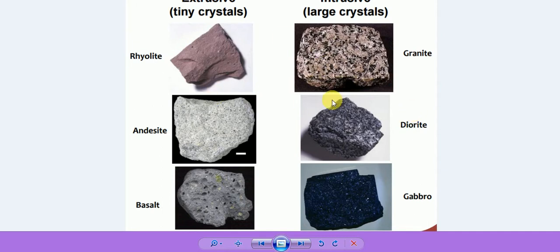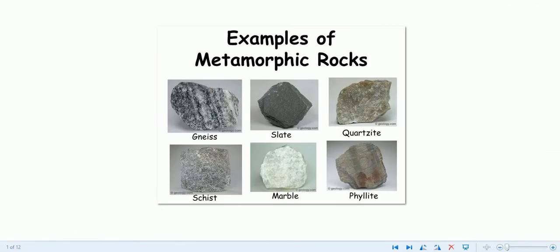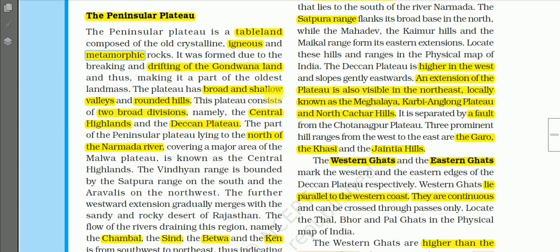These are the different types of igneous rocks like basalt, andesite, granite. And we have another photograph showing examples of metamorphic rocks: gneiss, slate, quartzite, schist, marble, etc.